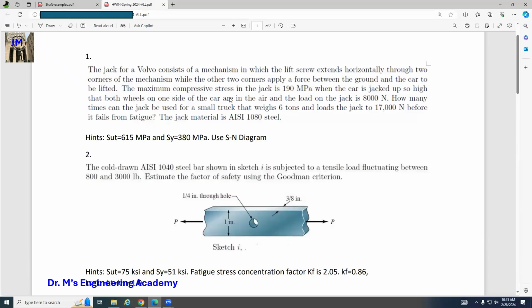RPM is not a standard unit. RPM means revolution per minute, you guys agree? I need to change this to radian per second. And how can I do that?